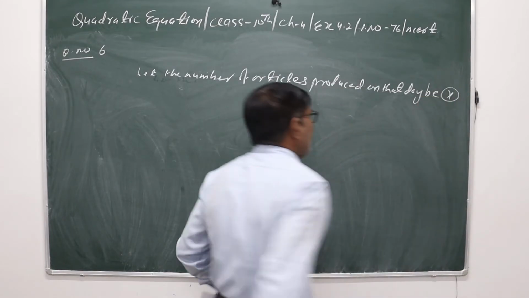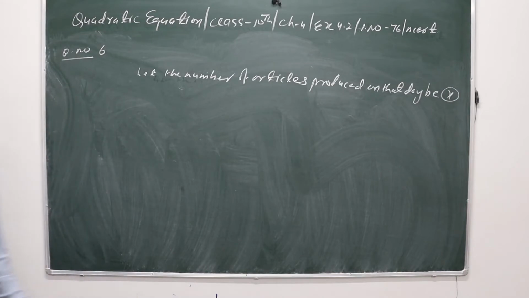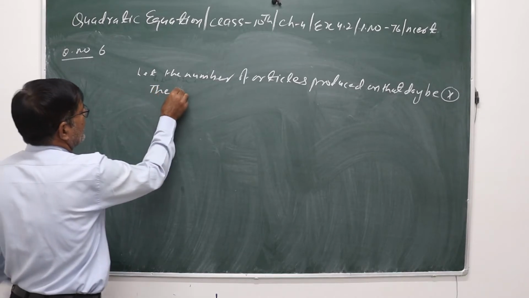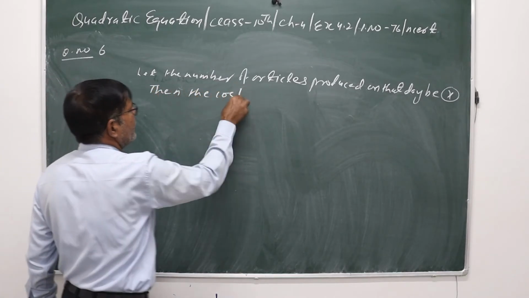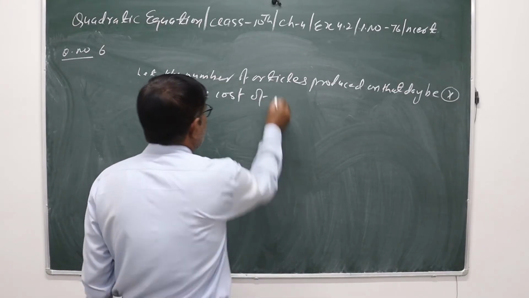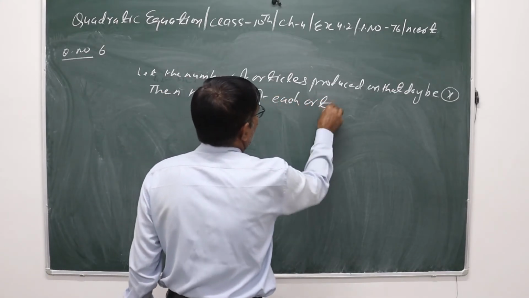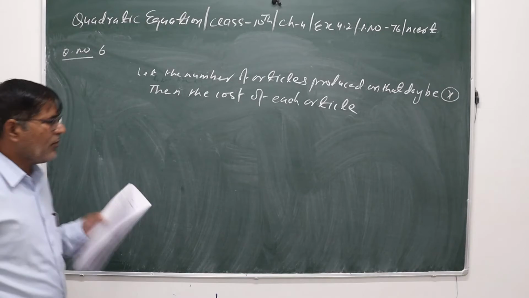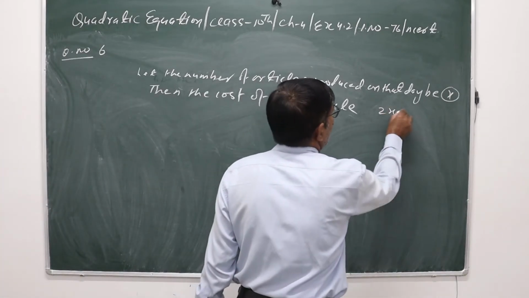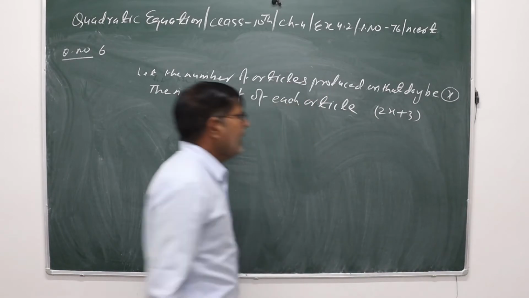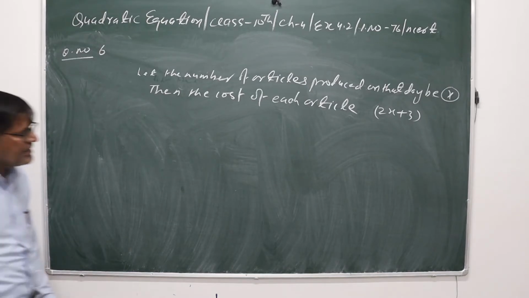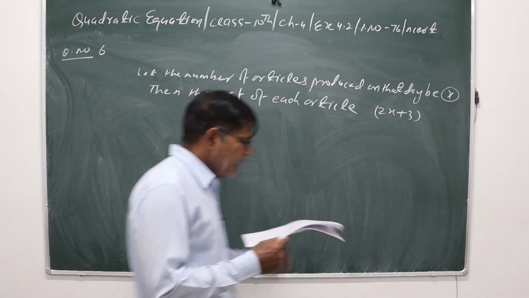Suppose on a particular day the number of pottery articles produced is x, then the cost of each article is given as 3 more than twice the number of articles. So 2x plus 3. The number of articles produced on a particular day is x, then the cost of each article will be twice x and 3 more, that is 2x plus 3.